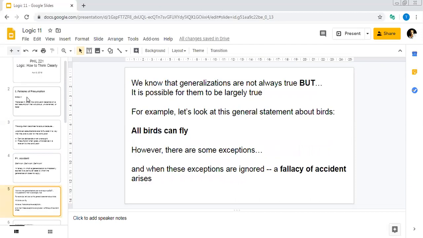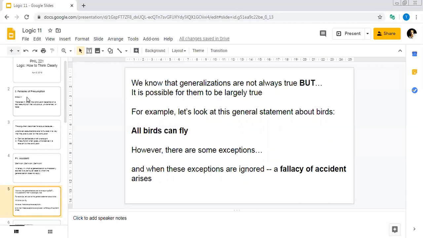Like I said, we know that generalizations are not always true, but it is possible for them to be largely true. It is true in most instances that crows are black. But let's look at this example, which is provided in your book, I think. It says that all birds can fly, right? When we think of birds, we think of these flying creatures. However, there are some exceptions to that rule.